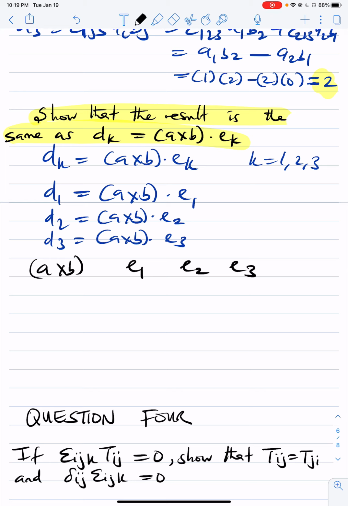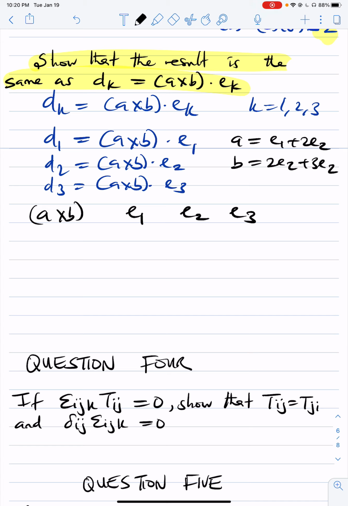So for the expression we got there, A is equal to, if I can remember this correctly, E1 plus 2E2. B should be 2E2 plus 3E3, right? So you're going to write it out like this. For E1 we have component 1, E2 we have 2, E3 0. For B we have 0, 2, 3.